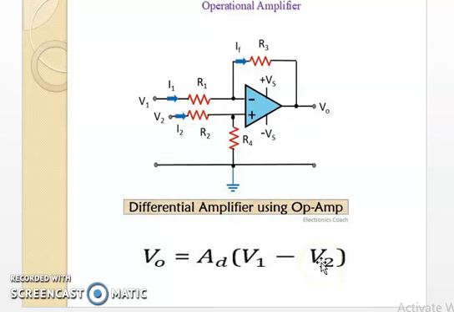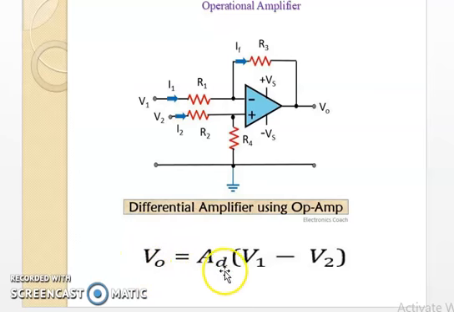As a result, the output voltage becomes 0. My point is that whenever both the inputs are the same, there is no output voltage, or the output voltage is equal to 0.